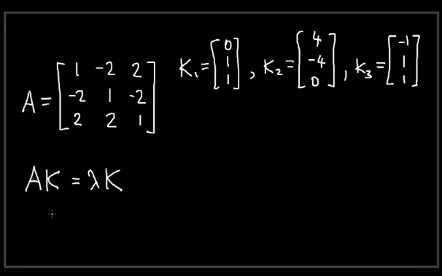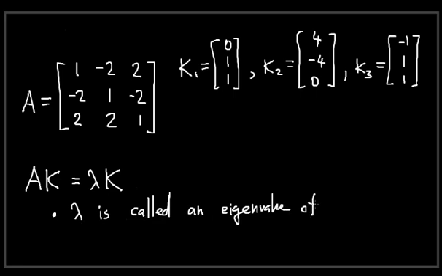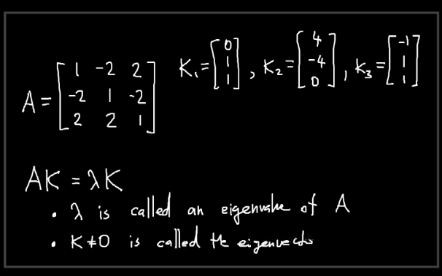When this happens, lambda is called an eigenvalue of the matrix A, and K, if it is not a zero vector, is called the eigenvector corresponding to the eigenvalue lambda of the same matrix.